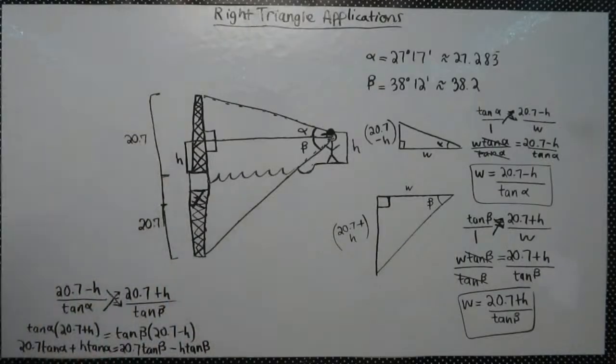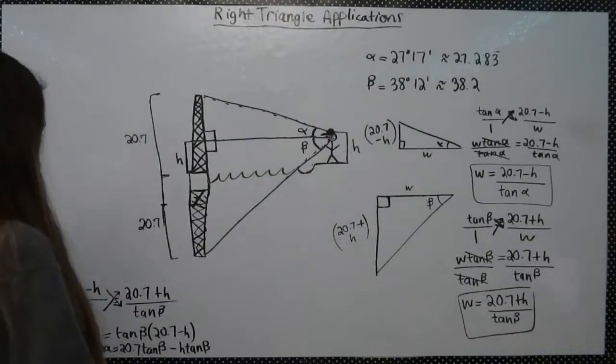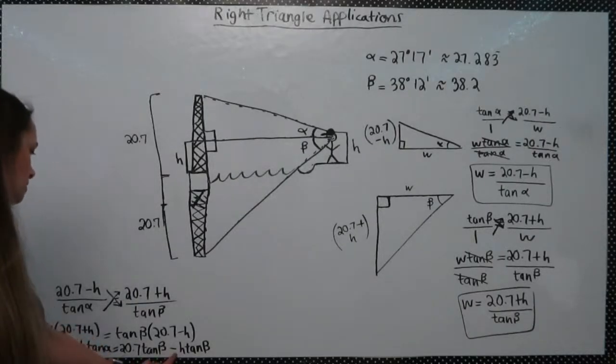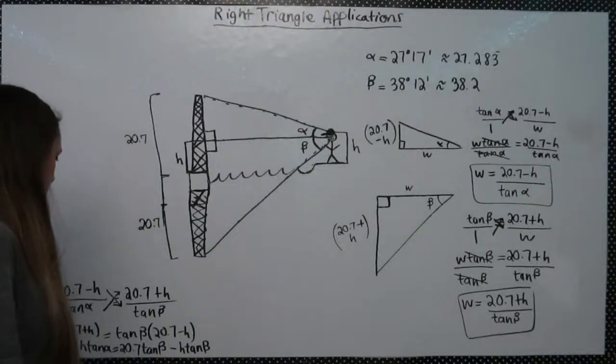All right, we're not finished yet. We're going to group now. Everything with an h is going to go on one side of the equal sign, and everything that doesn't have an h is going to go on the other side. So right here, this negative h tan beta is going to get added to both sides.